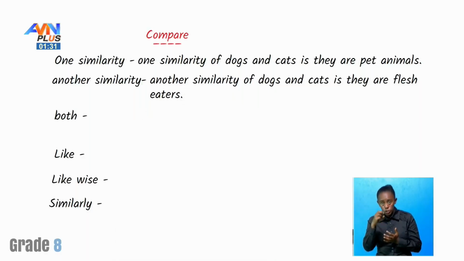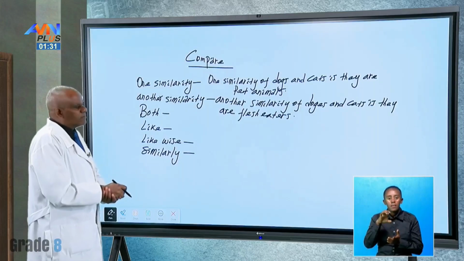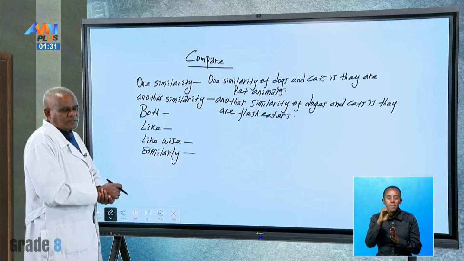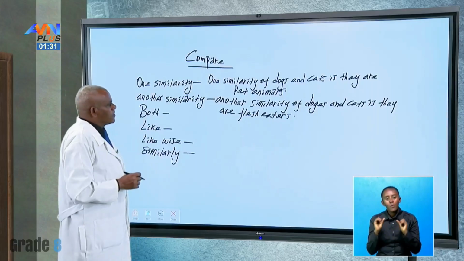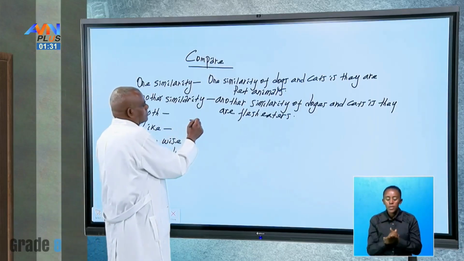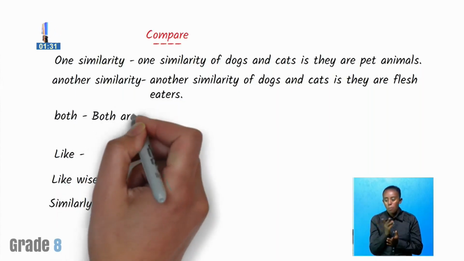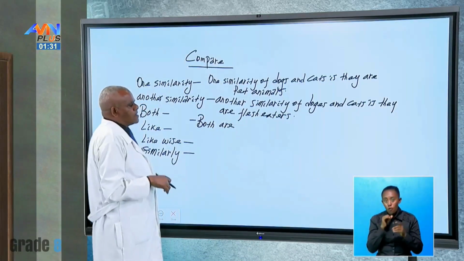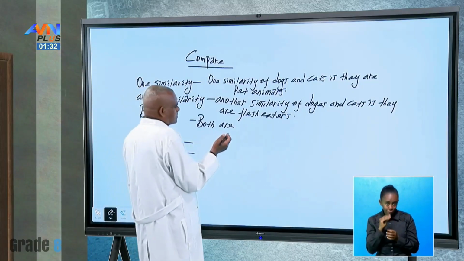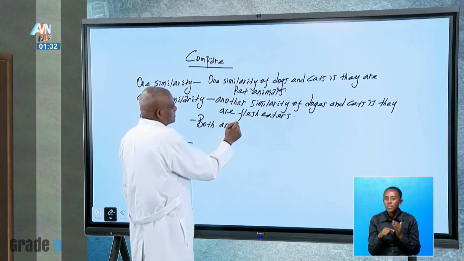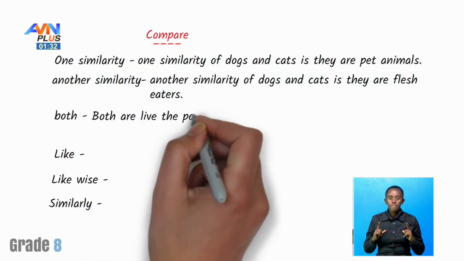They are both flesh eaters, meat eaters, aren't they? Yes, they are. Okay, let's go on and do with birds. Birds are, I'm talking about, don't forget that, dogs and cats. Both are what? Live with the people.